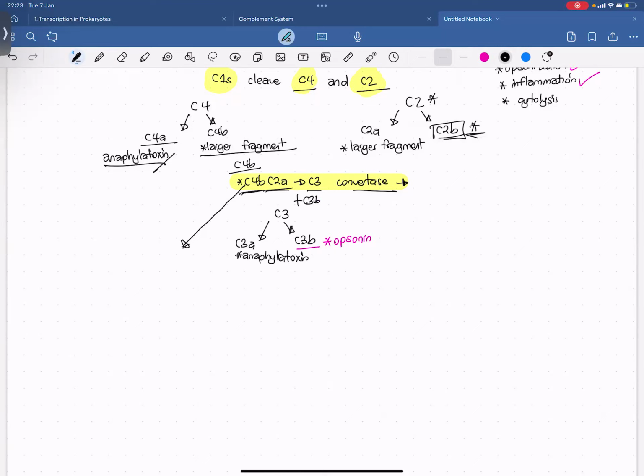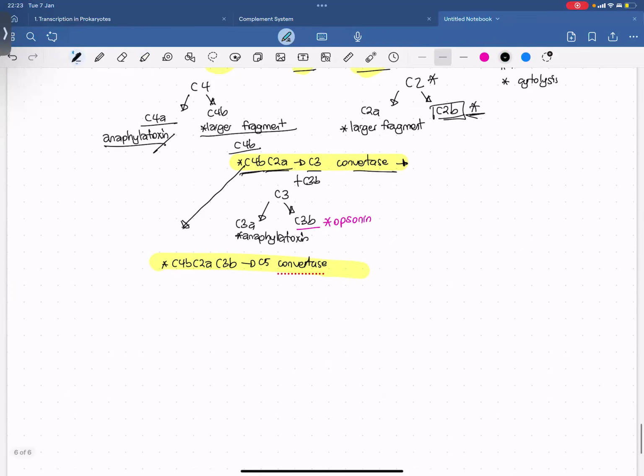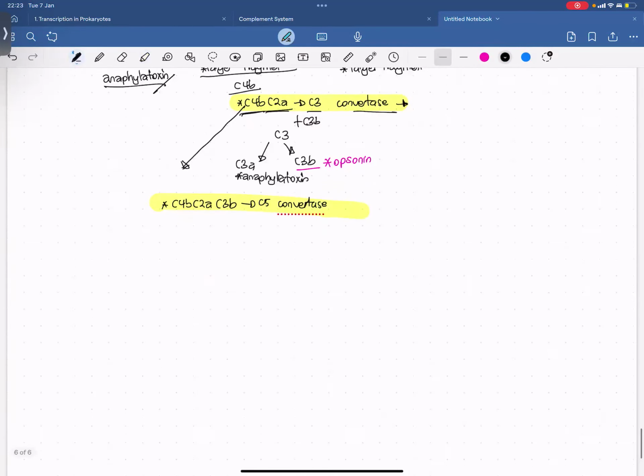So it's going to have C4b, C2a, and C3b. This is what we call C5 convertase. So after we have formed C5 convertase, I think you can now know what is going to be cleaved. It's going to be C5, which is cleaved into C5a and C5b.